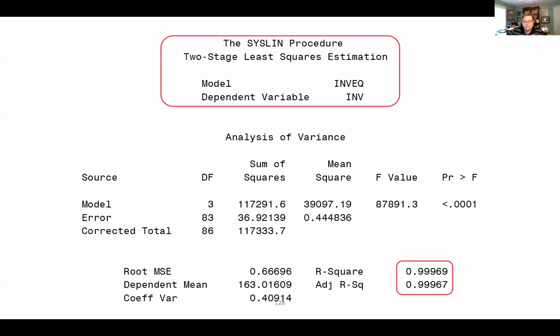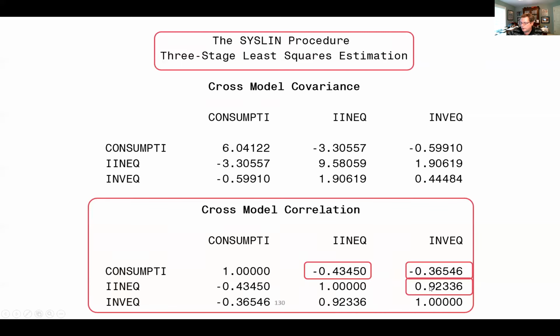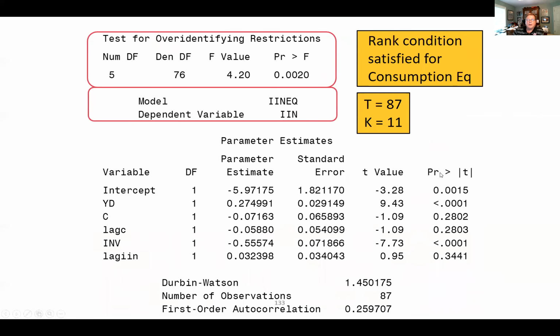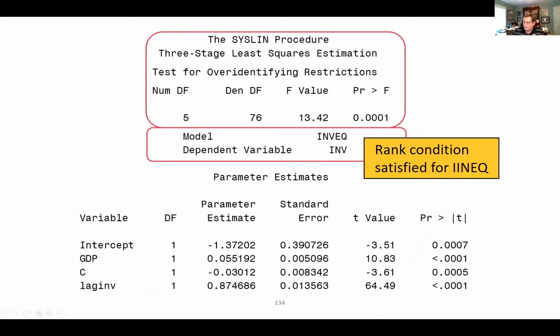And the reason that we are estimating 3 equations is because one of them is an identity. And notice the off-diagonal non-zero correlations, which means we're going to get some gains in efficiency with the use of 3-stage least squares. So here are the 3-stage least squares estimates, and based on these p-values, you can determine which variables are statistically important in affecting consumption, or IIN, or INV.